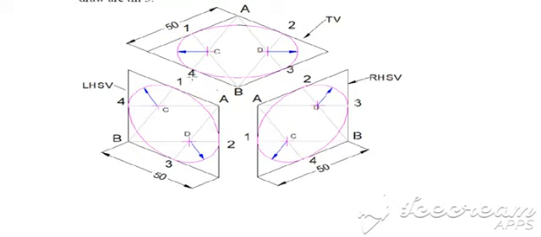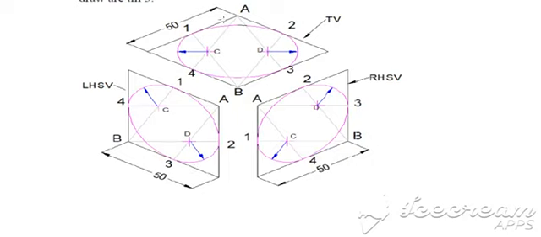Let's see it again in a left hand side view. C as a center and distance till the midpoint as a radius, mark an arc. D as a center, distance till the midpoint as a radius, mark an arc.